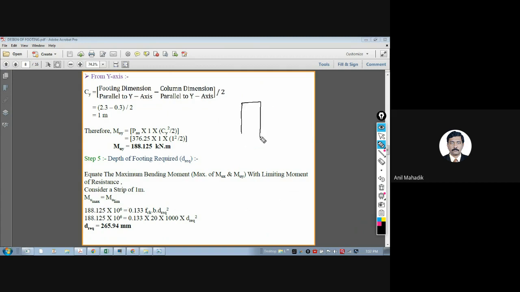Let's say we consider a beam, and this is your B and this is your D. The maximum moment this section can carry, so that it is a balanced section and under-reinforced section, is given by the formula 0.133 FCK BD square. This is MU limiting, the maximum moment you can carry as a singly reinforced balanced section. This is R into B into D square.